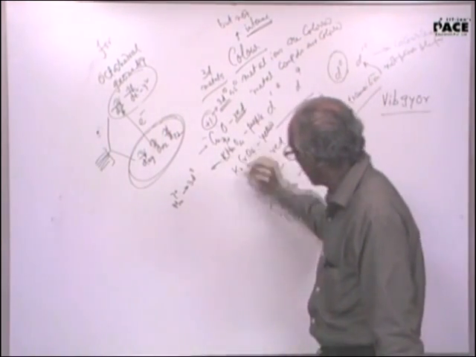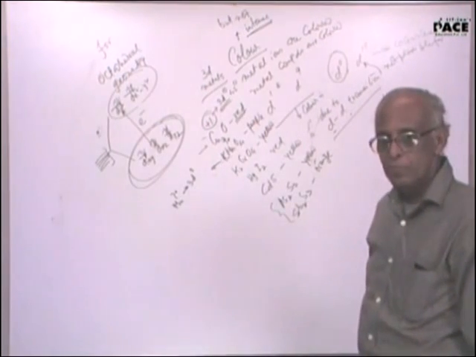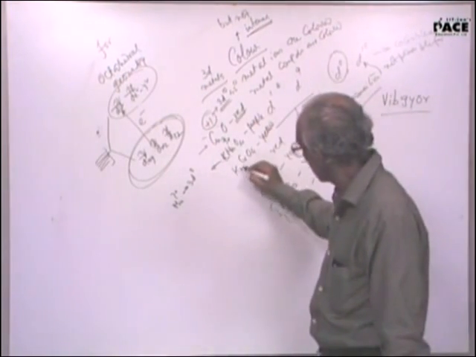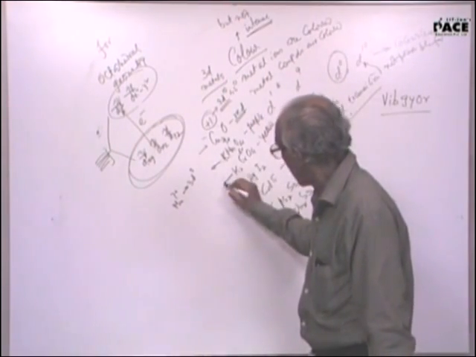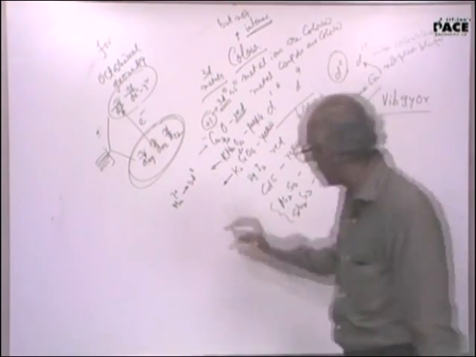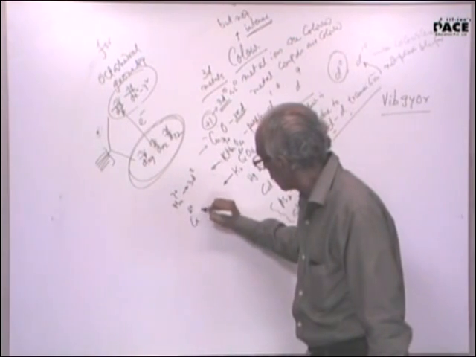What is the oxidation state of chromium? +6. What is the electronic configuration? 3d04s0.